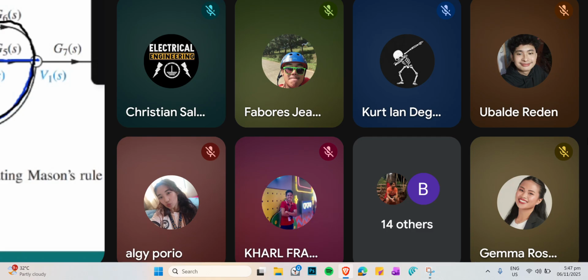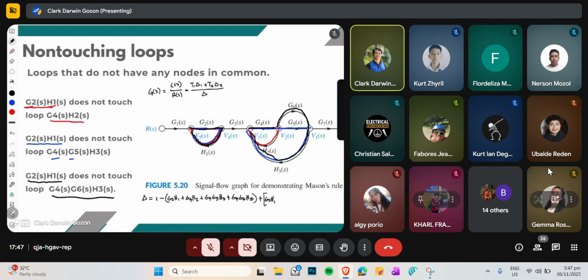So, the non-touching loop gains are G2 H1 multiplied by G4 H2, plus G2 H1 G4 G5 H3, plus G2 H1 G4 G6 H3.